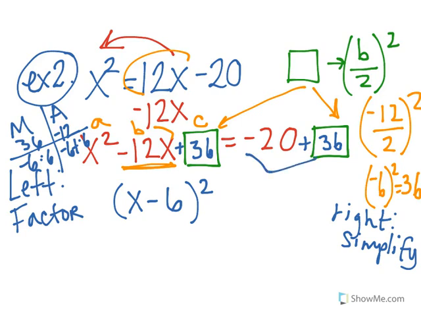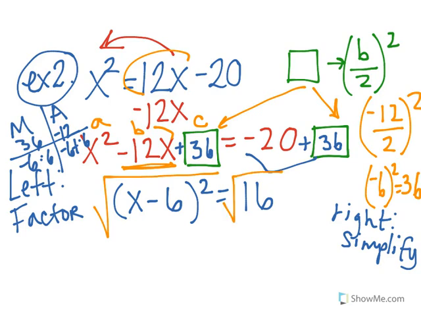If you simplify and you have negative 20 and then you add 36, you're going to have positive 16. The whole point is so that you can solve this. Once you create a perfect square, you can solve this so easily. You can just do the square root.